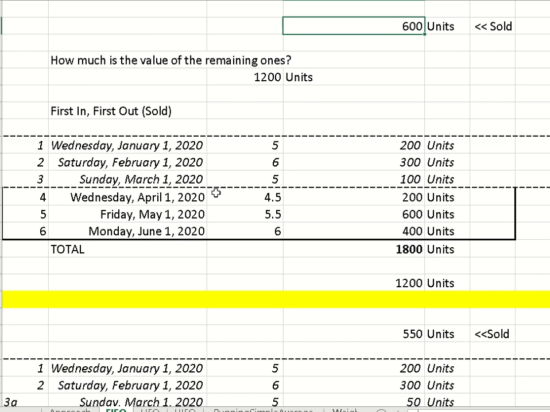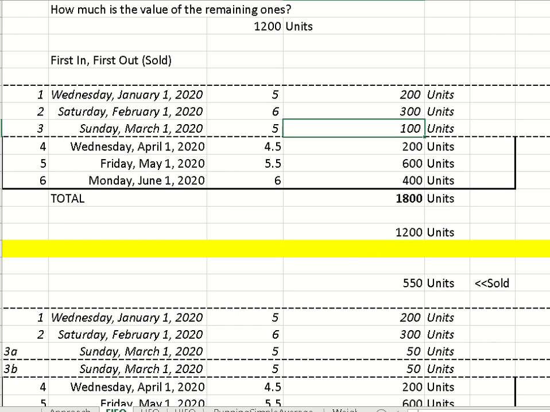what that means is that when we sold 600, we sold this first 200, and then 300, and 100. So basically, that is the one that was sold, and these are the ones that are left.